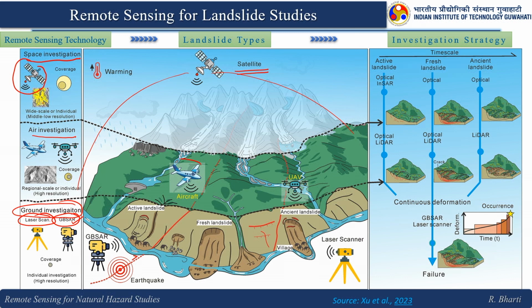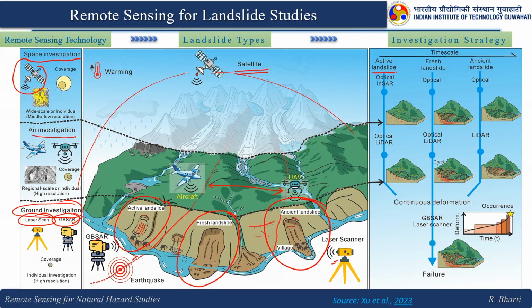And when you are having aircraft or UAVs, for a particular area, you can fly these instruments at different wavelengths and then you can capture the information about the landslide. So, here is the example of an active landslide, here it is a fresh landslide, this is the ancient one, right. So, when you are having this, you can use the laser scanner here or maybe the GBSAR, and then you can see the surface deformation, and that will be of very high accuracy.